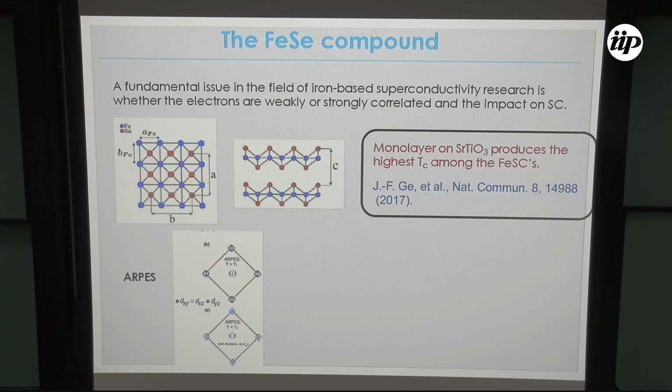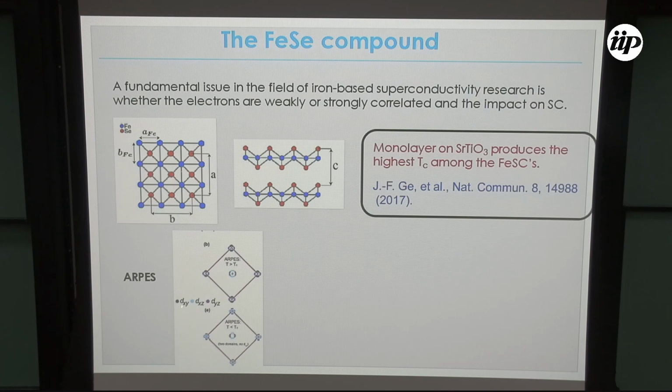Here I show you the band structure of the system. From ARPES experiments, one sees that the Fermi surface consists of hole pockets and electron pockets here, and they have a very rich orbital structure.